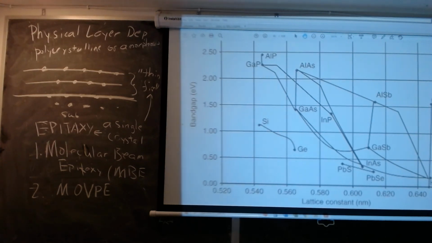This is sort of our Bible when it comes to epitaxy, because what this shows is the x-axis is the lattice constant, and the y-axis is the band gap. And frequently, when you're performing epitaxy, it's to put one type of material on top of another type of material, meaning one band gap on top of another band gap.